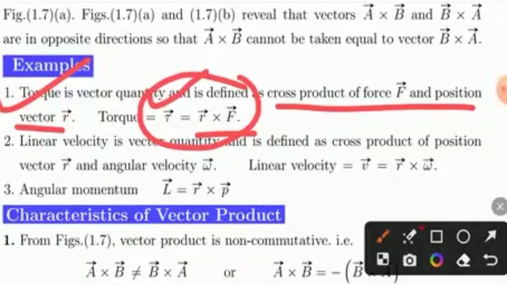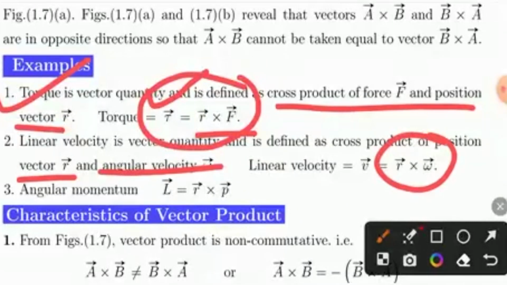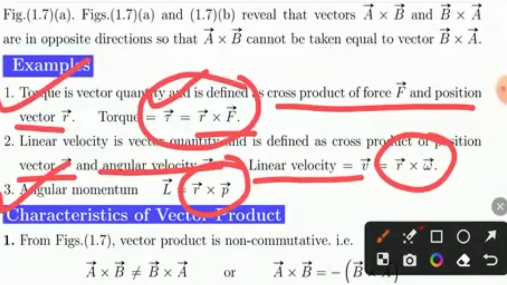This is also a vector quantity. The second example is the cross product of position vector R and the angular velocity omega. If we multiply these two vectors, we will get another vector that is known as the linear velocity. The third example is angular momentum, which is the cross product of position vector r and the linear momentum p.